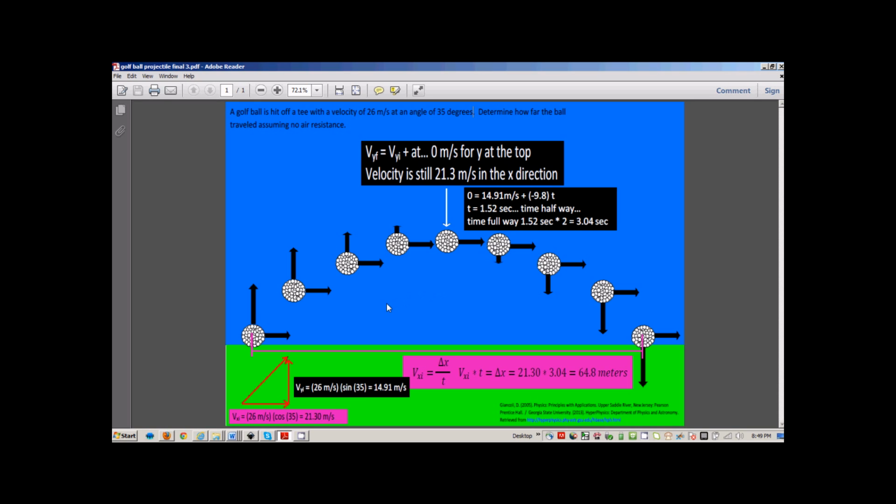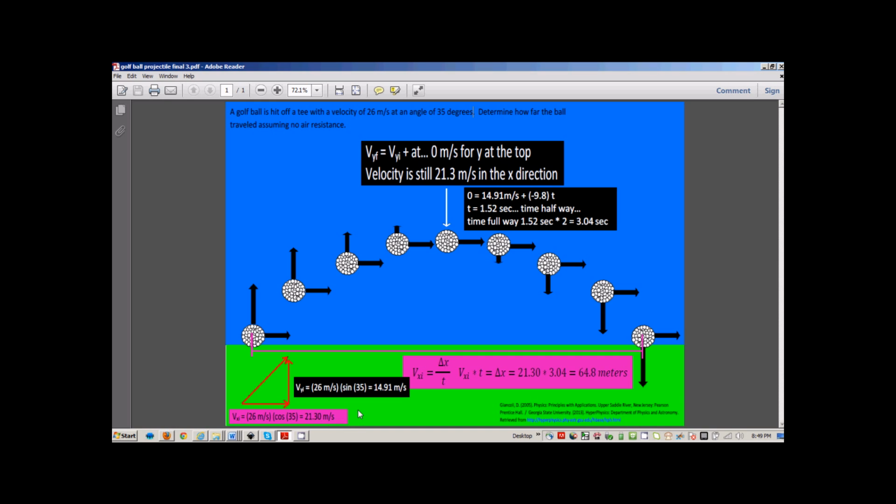So the first thing we need to do is break down the velocities in the x and y components. Down here, we illustrated that by looking at the velocity in the x direction. We have the adjacent side, so we multiply cosine of 35 times 26 meters per second, and that'll give us 21.3 meters per second.